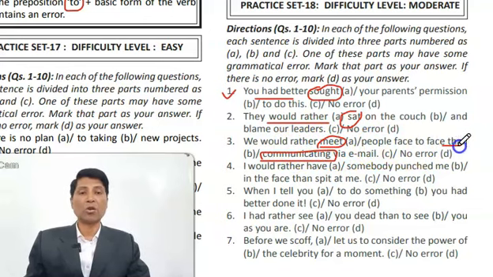So the second clause, than, should also be in the basic form. That means here in place of communicating, it should be communicate. Because after would rather, if there are two clauses connected by than, the verb in the second clause should also be the bare infinitive.